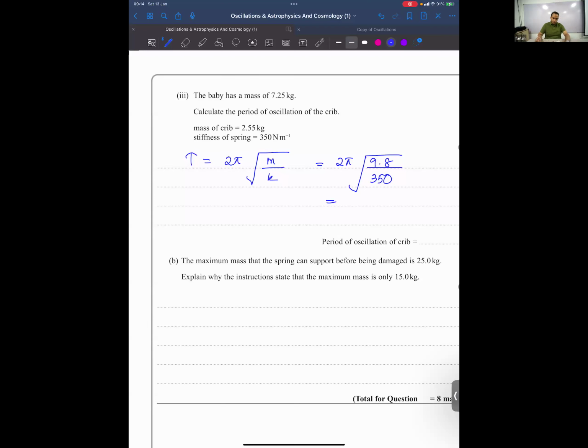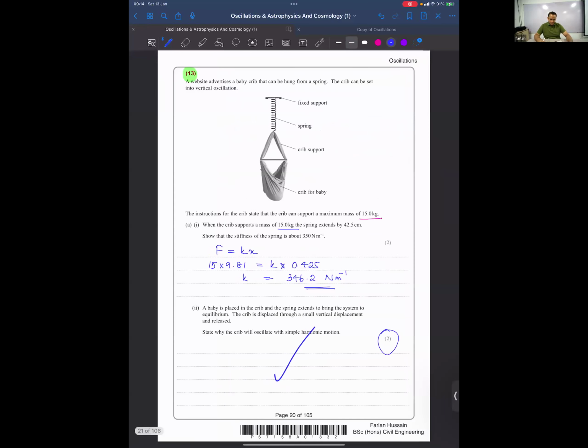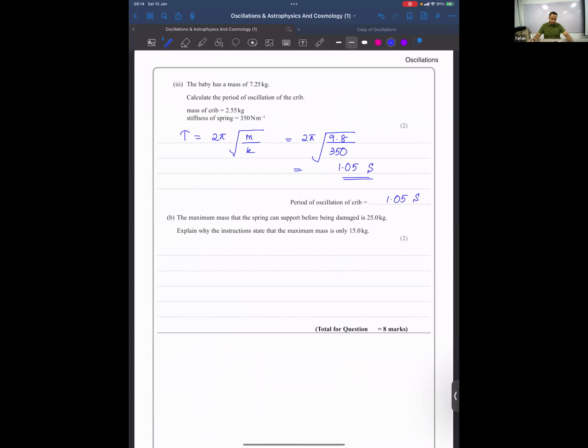That is 1.05 seconds. Okay. Right. Fine. Everyone okay with that?